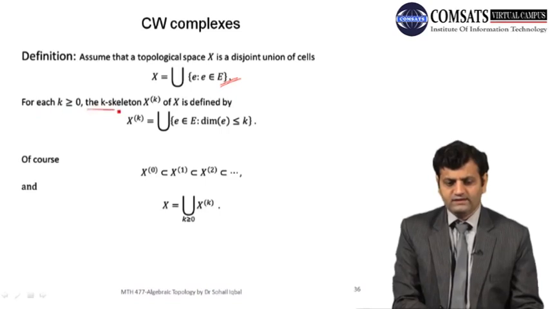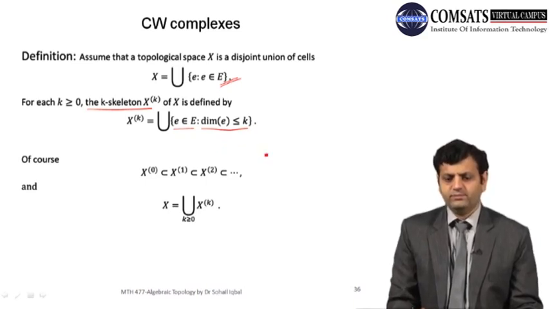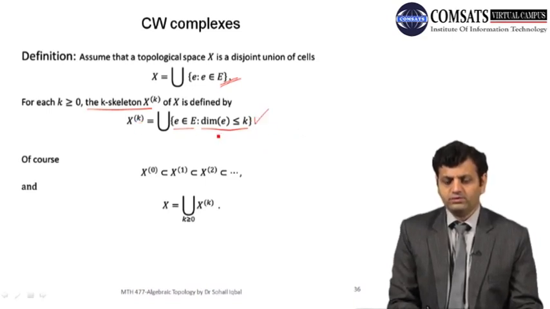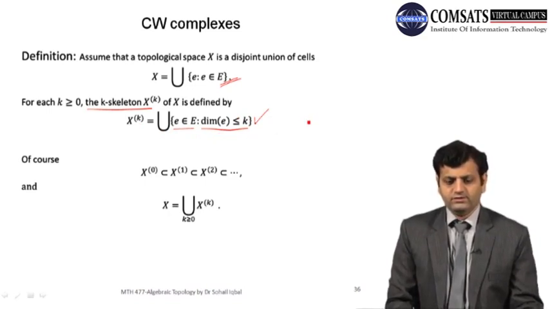So the k-skeleton of X is defined as the set of all cells whose dimension is less than or equal to k. If a space can be covered by many cells of various dimensions, then in a k-skeleton we are writing down all those cells whose dimension is less than or equal to k. And then we have this filtration.